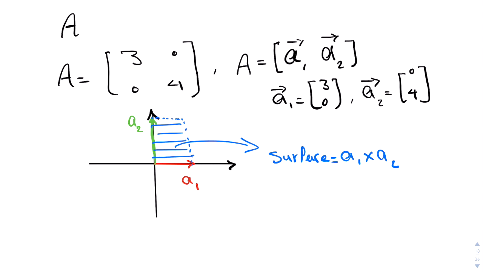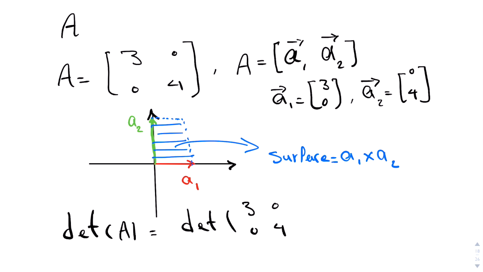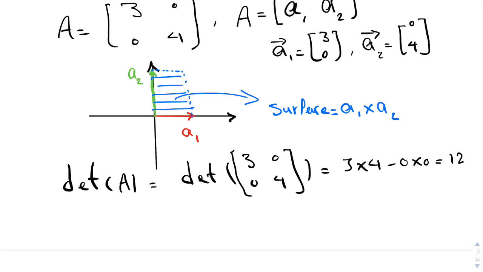So how do we compute the determinant of this matrix? We know that the determinant of A is equal to the determinant of 3, 0, 0, 4. So it's basically equal to 3 times 4 minus 0 times 0, which is 12, which is the surface of this parallelepiped figure. Now what is important here is when the determinant becomes 0: if the vectors of a matrix are in the same direction, then the determinant is 0.